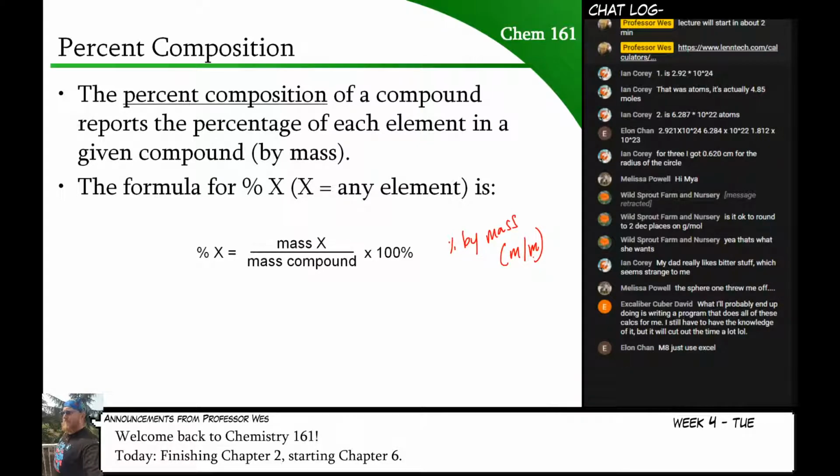If you take the percent by mass of something, you are finding the mass percentage of that something in the total. So maybe you want to know the percent of carbon in carbonate, for example, or in CO2, or in anything that contains carbon.